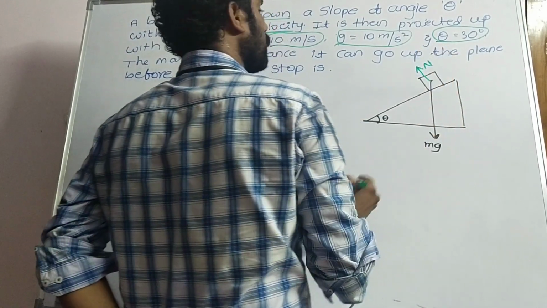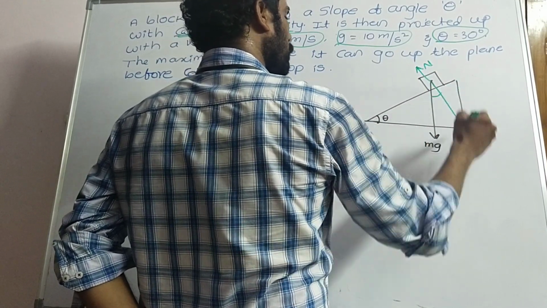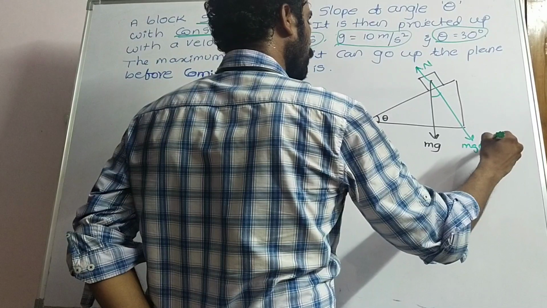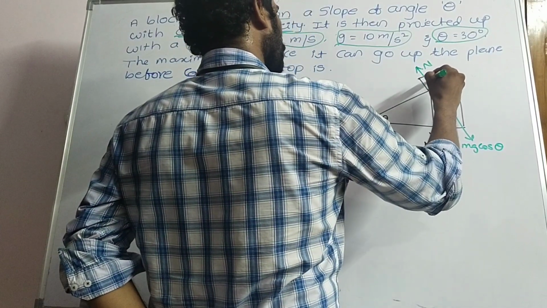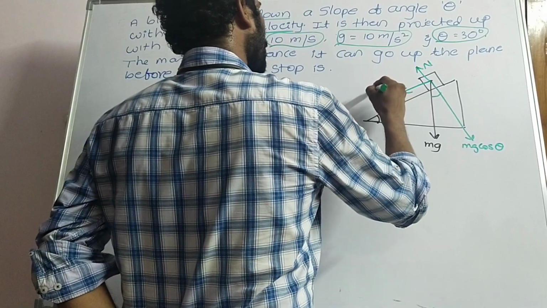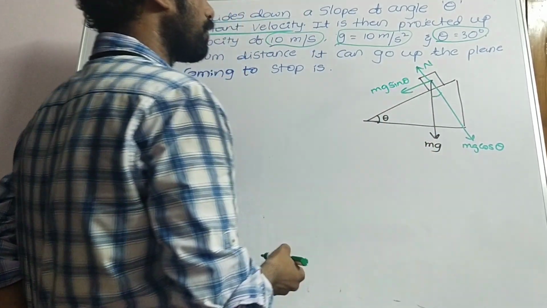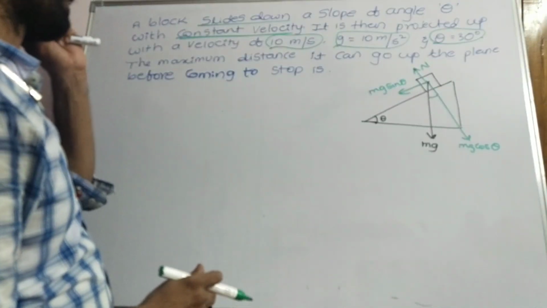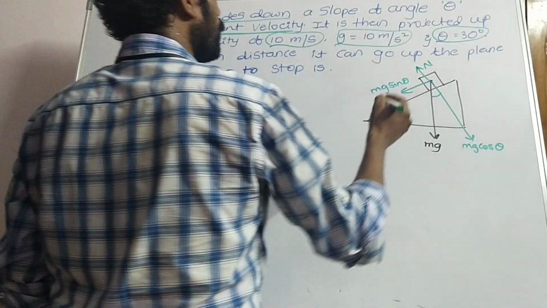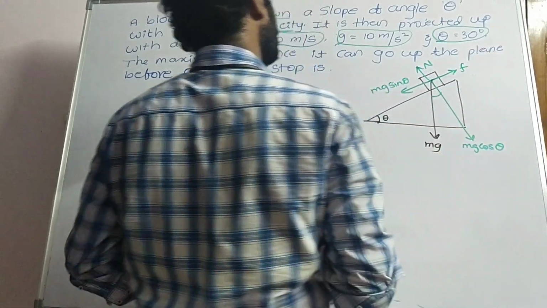Here normal reaction acts perpendicular to the contact of the two surfaces. The component mg cos theta will be acting like this, and the component mg sin theta acts along the inclined surface. And in the case of a body moving downward, friction will be acting like this. Frictional force will be acting like this.